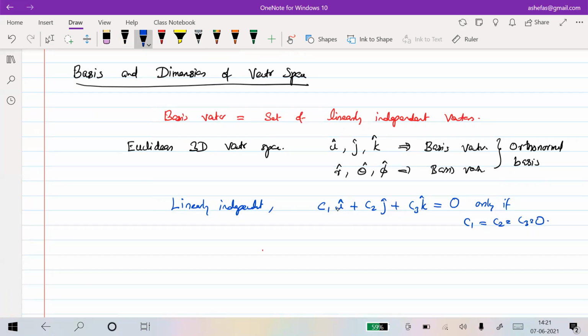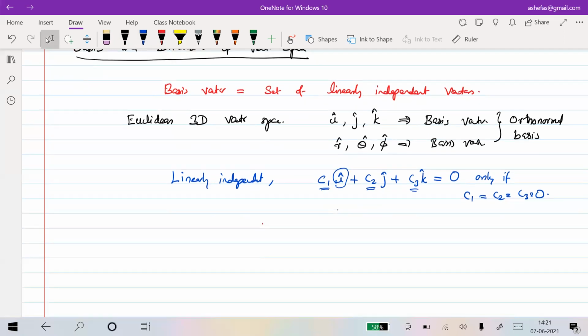So the sum of the three vectors i, j, k would be 0 only if their corresponding coefficients are 0. If that is the case, then the vectors i, j, k are called linearly independent. That means it is not possible to write i in terms of j and k. So i is independent of j, i is independent of k.